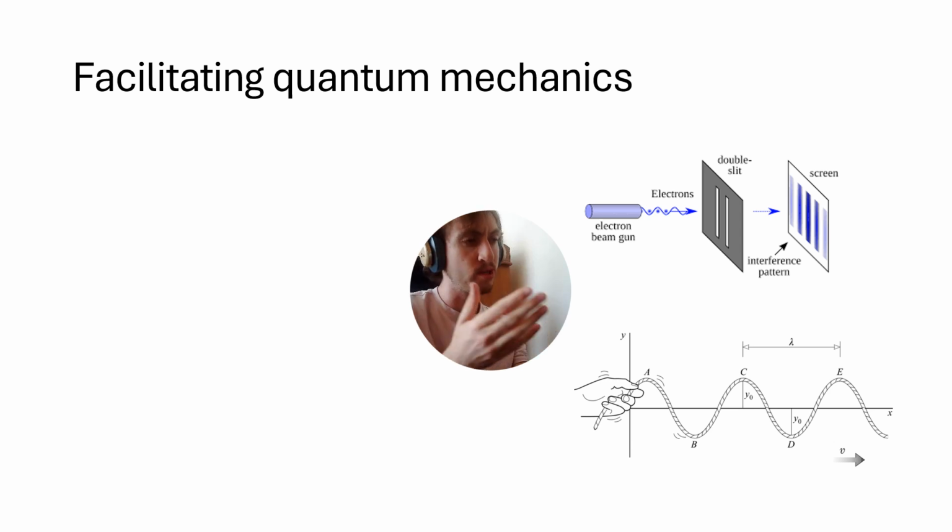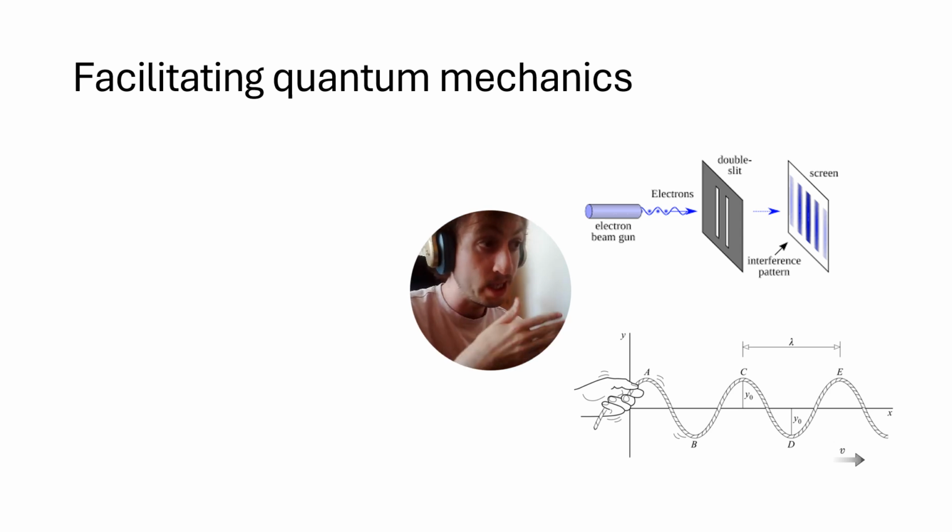So, for example, one thing you can do is send high energy electrons through slits.